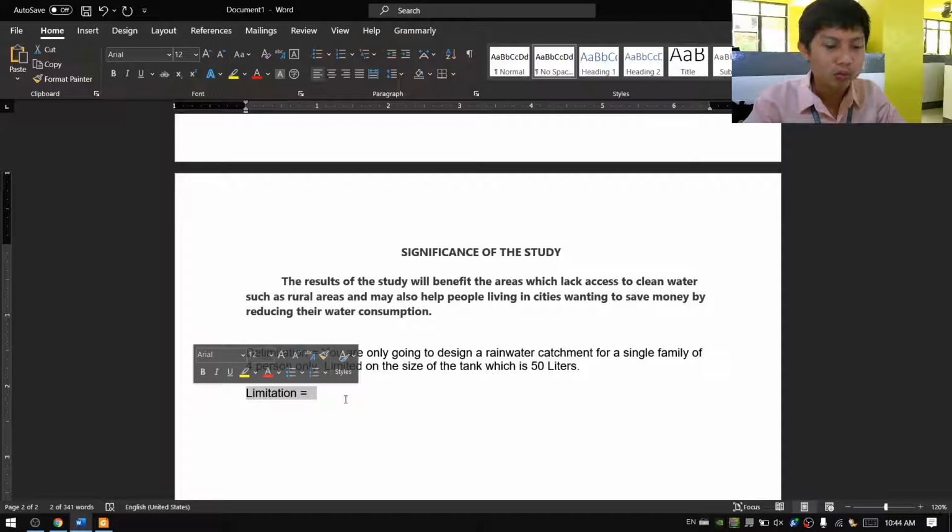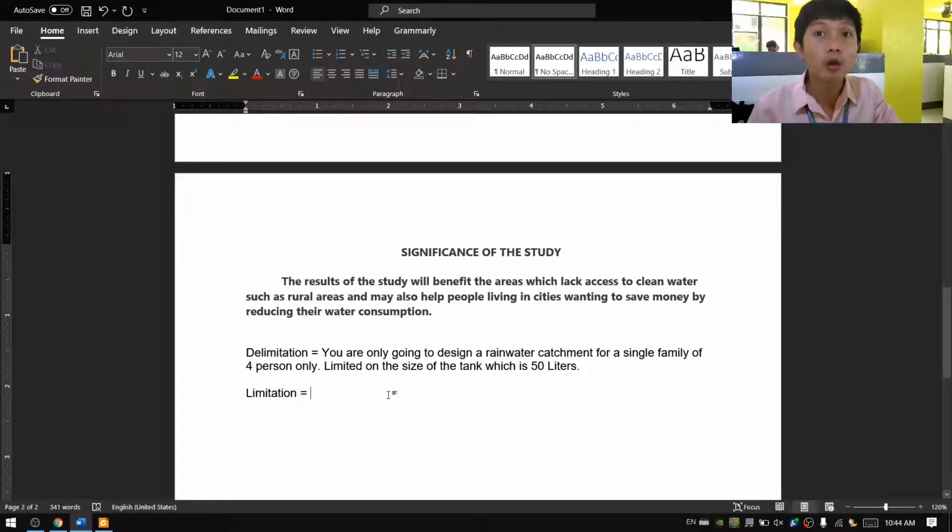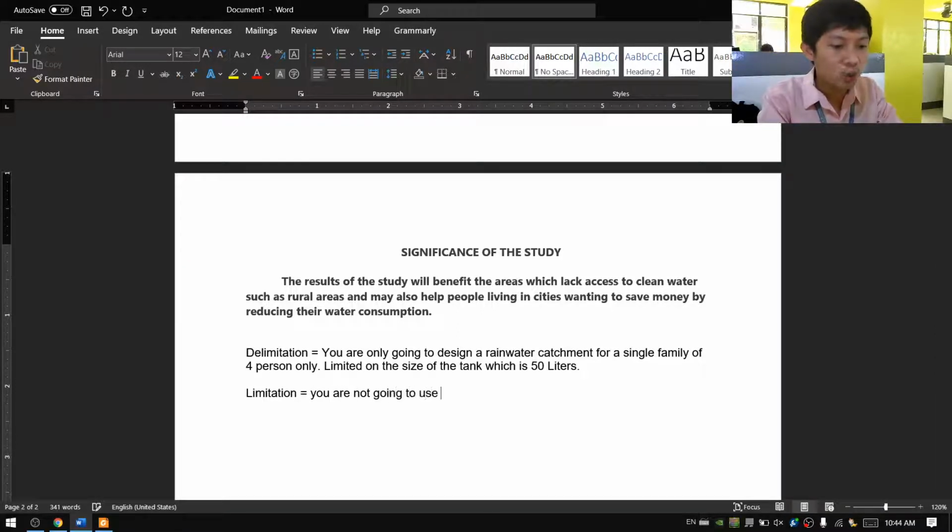For example, if you're going to talk about COVID-19, the limitation is you are not going to use humans for trials. That's a limitation. You simply cannot.